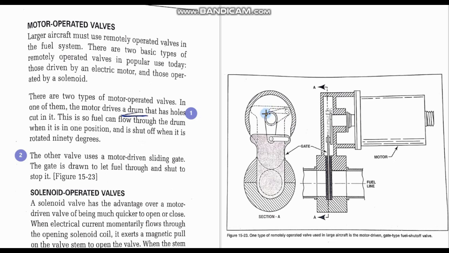When the shaft rotates, it will make this arm go up, and when this arm goes up, it will move the gate to the up position and will open for fuel to go through. When you want to close it, you run the motor in the opposite direction and the gate will close down.